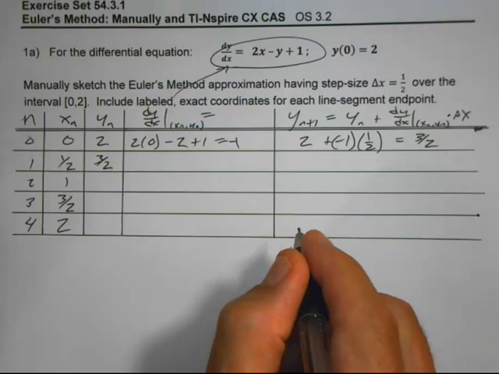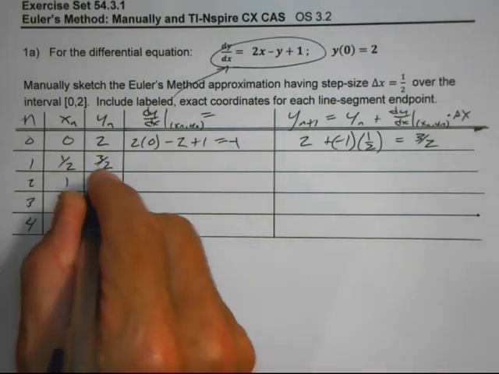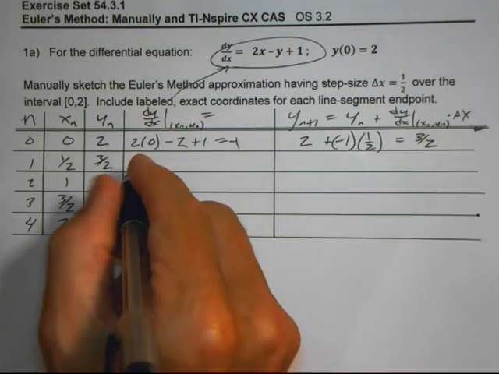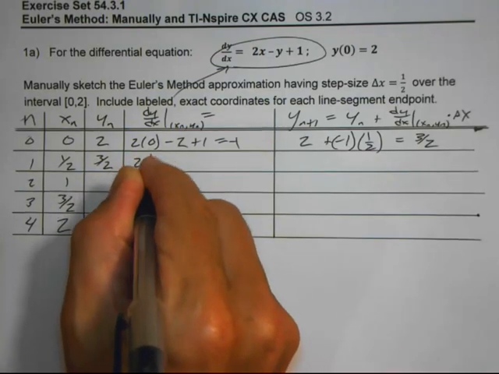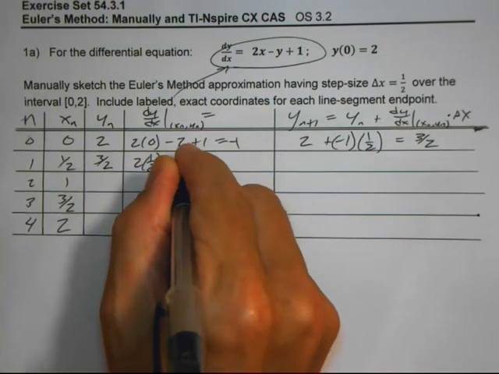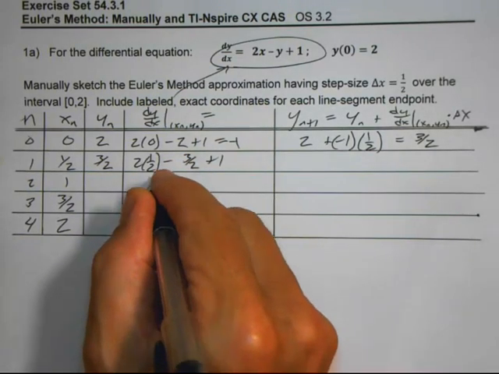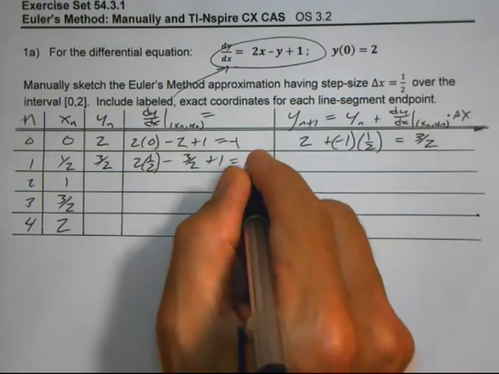Now we know the next y coordinate for the second point here, 3/2. Okay, now that we know we're at this point (1/2, 3/2), let's get the new direction to head based on this formulation dy dx again. Here it's 2 times 1/2 minus 3/2 plus 1. Let's see, 1, 2 minus 3/2 down to 1/2.